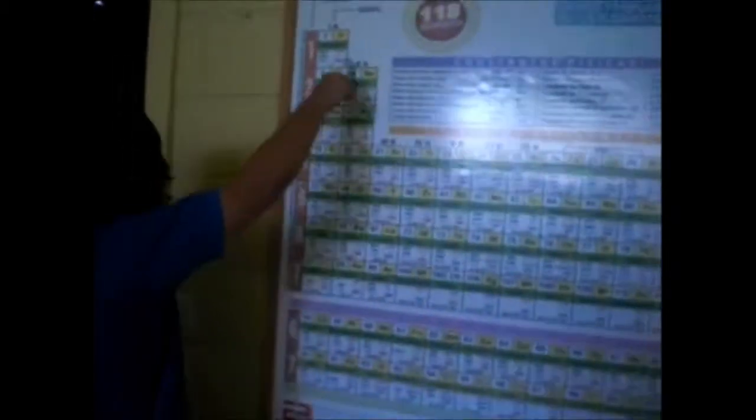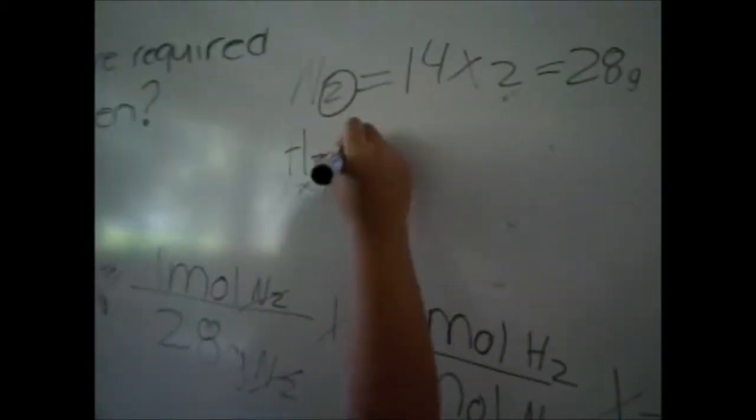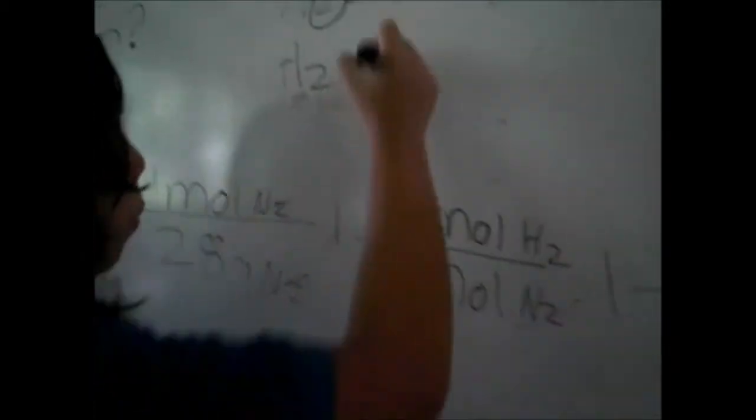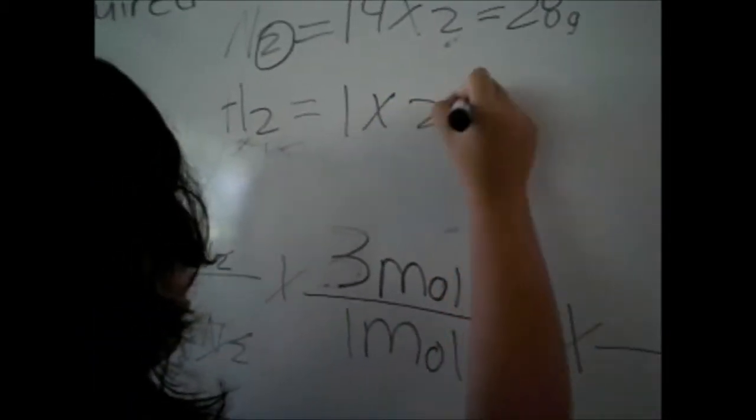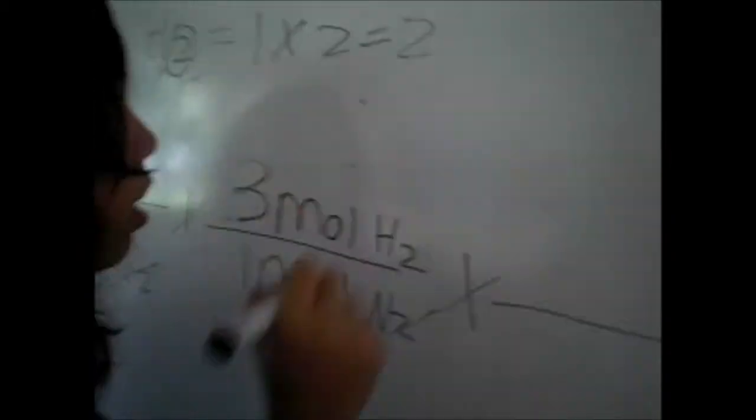Another time, you need to see on the periodic table the little number that is right here. That is 1.79, but you can round it and just leave it as 1. So we have H2. So H equal to 1 times 2 because of the number right here. And the answer of that will be 2 grams.